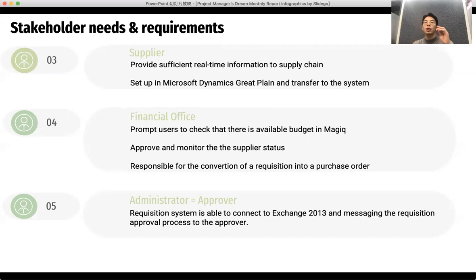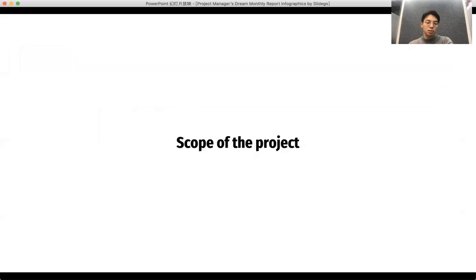Once appliers finish all the requisition processing and click the confirmation, the approver is able to connect to the Exchange message system, and the requisition approval process is sent to the approvers to check whether to accept or deny those processes.